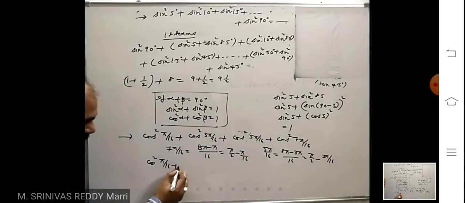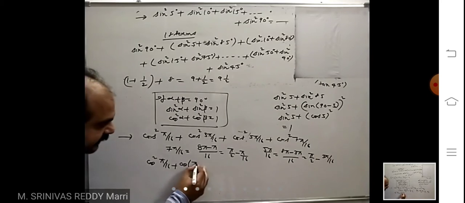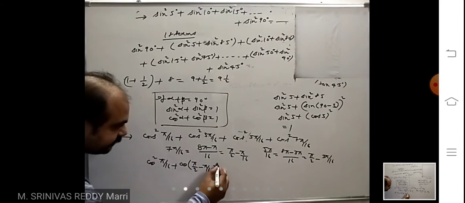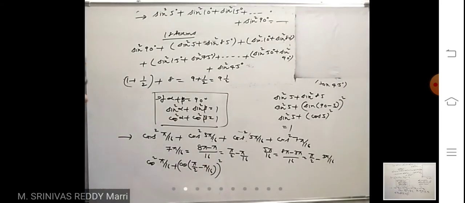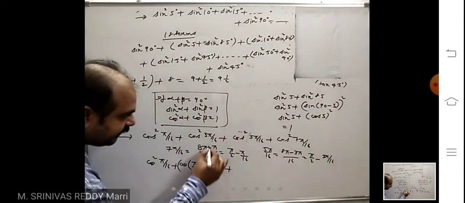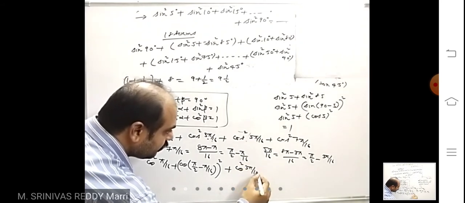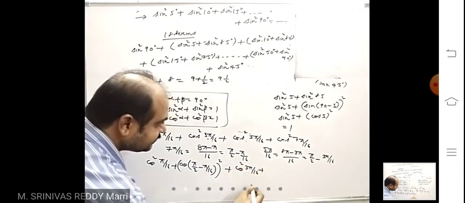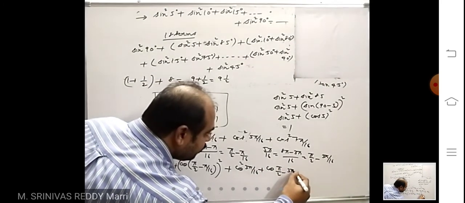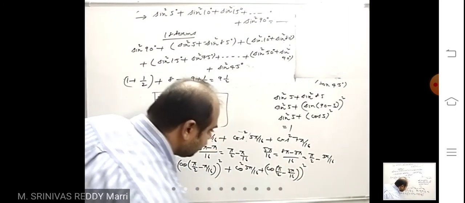Cos square of 7 pi by 16, I am writing it as cos square of pi by 2 minus pi by 16. This and this I am clubbing. Plus cos square of 5 pi by 16, I am writing it as cos square of pi by 2 minus 3 pi by 16.